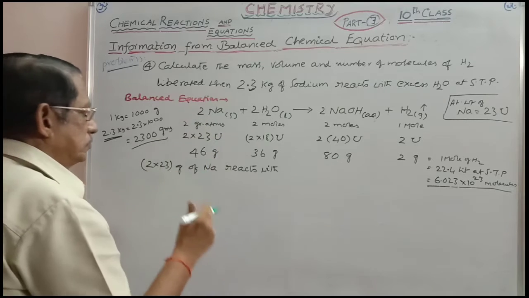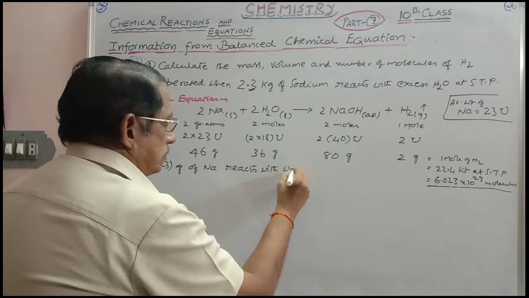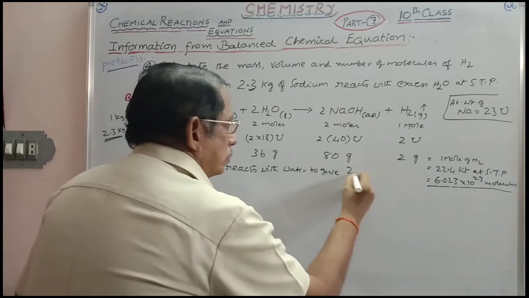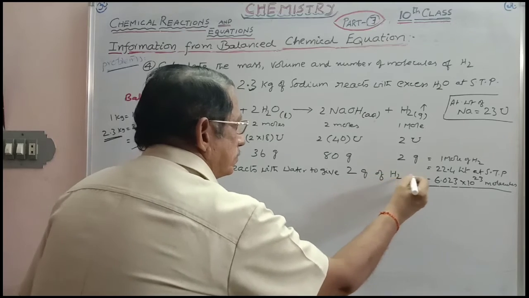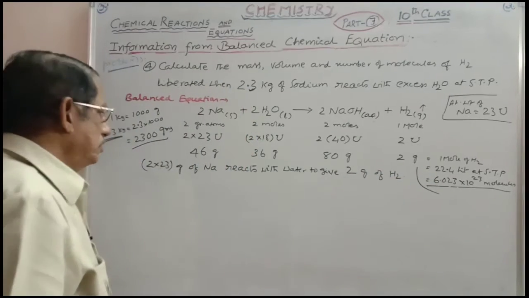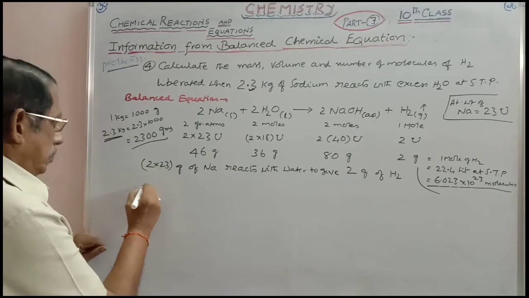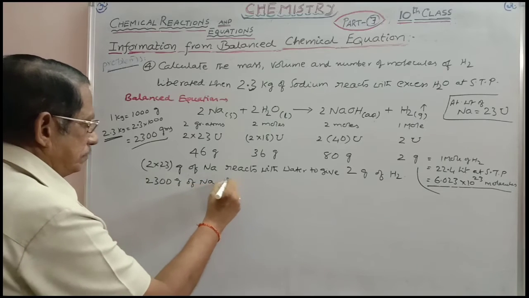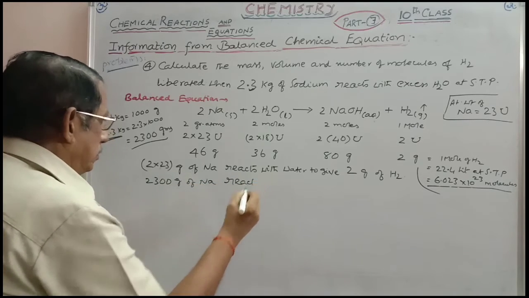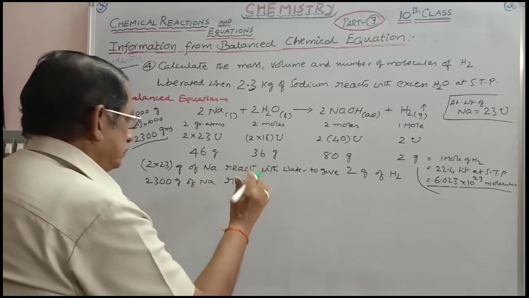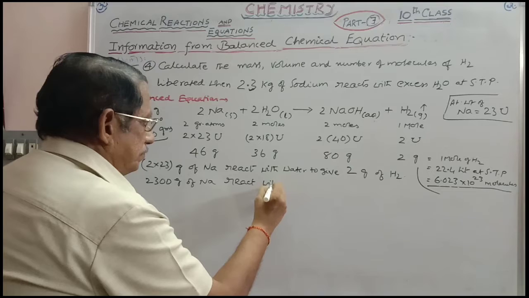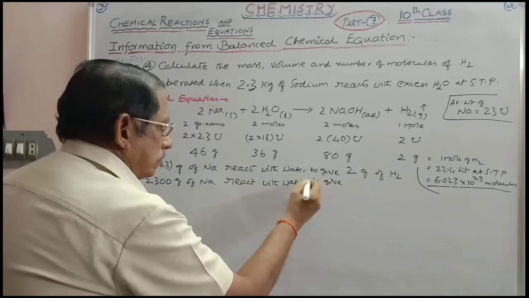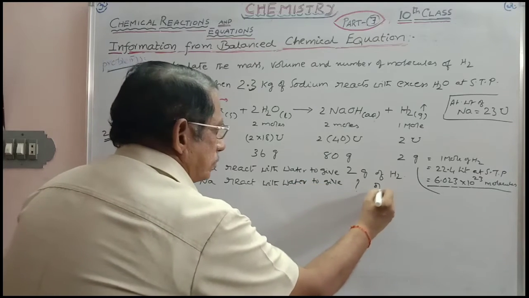Because 2 gram atoms react with water to give 2 grams of hydrogen, right? 2300 grams of sodium reacts with water to give how many grams of H2?